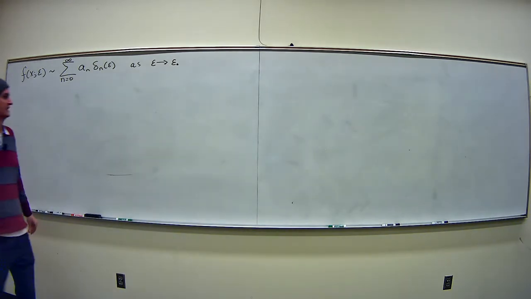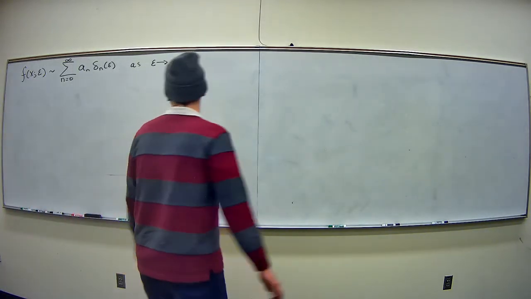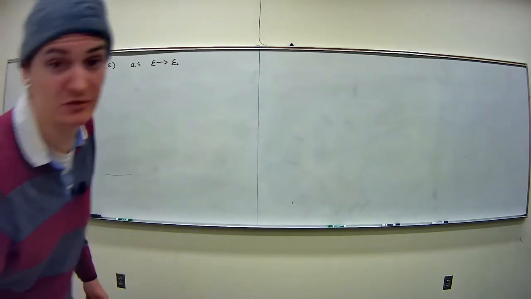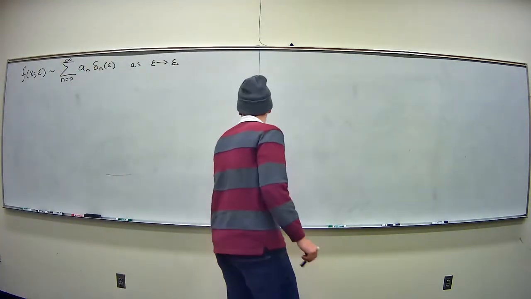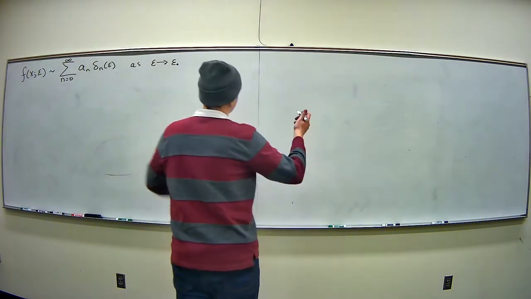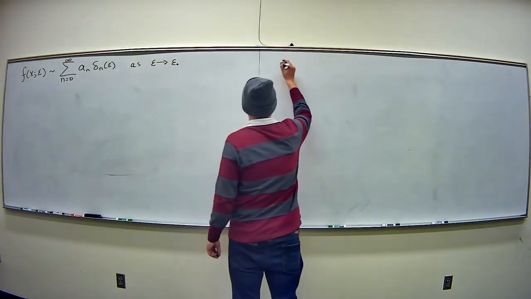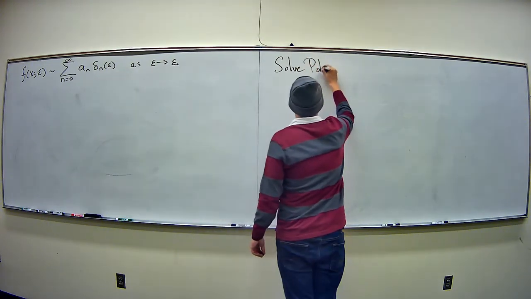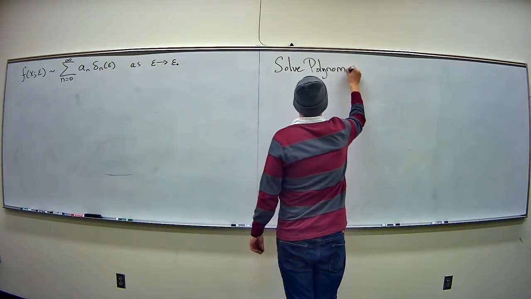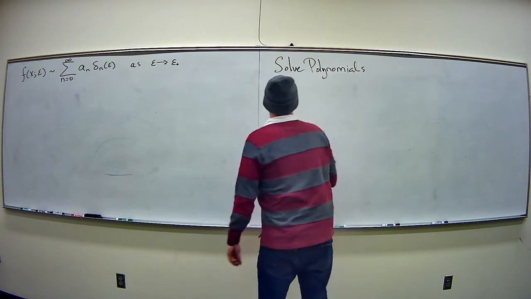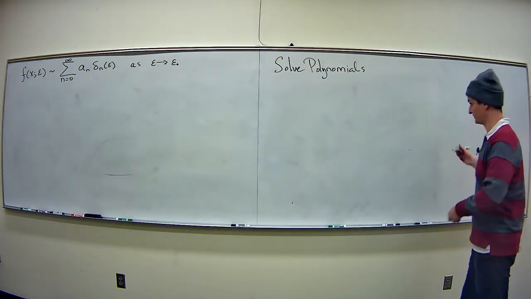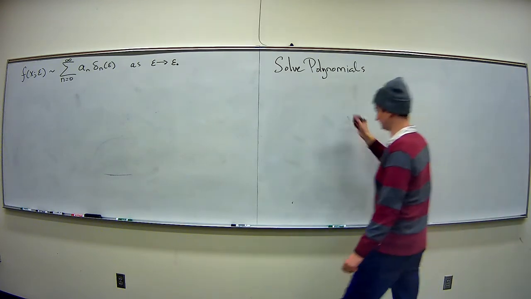Now, the power of this comes in multiple ways. The idea is I'm just allowed to make these series and then do things with them. So asymptotics has a lot of use in solving polynomials.